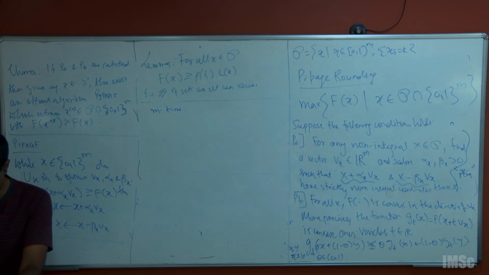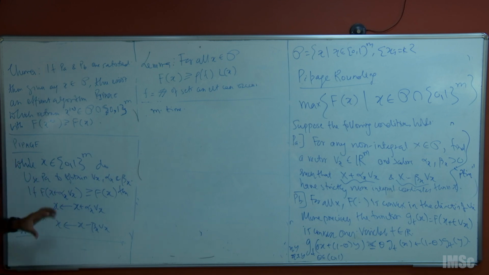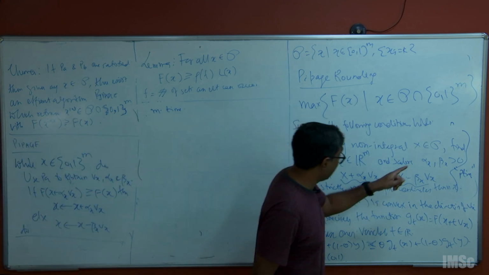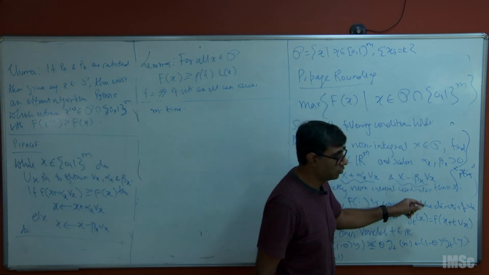But what is not clear to us is why the value increases in one of them. Do you mean that one of them has strictly more integral part, or both?